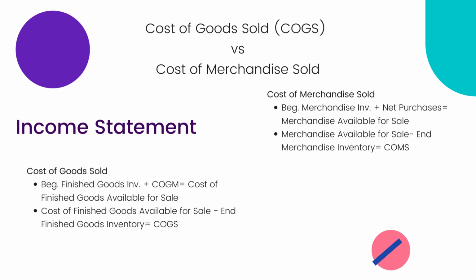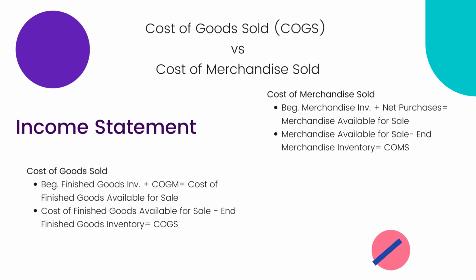Now, for a manufacturing company, you're going to look at your cost of goods sold. So you're going to look at your beginning finished goods inventory account plus your cost of goods manufactured, which will give you your cost of finished goods available for sale.